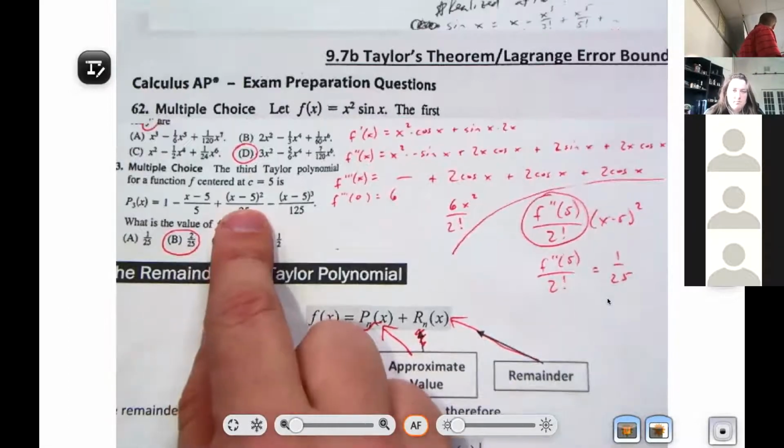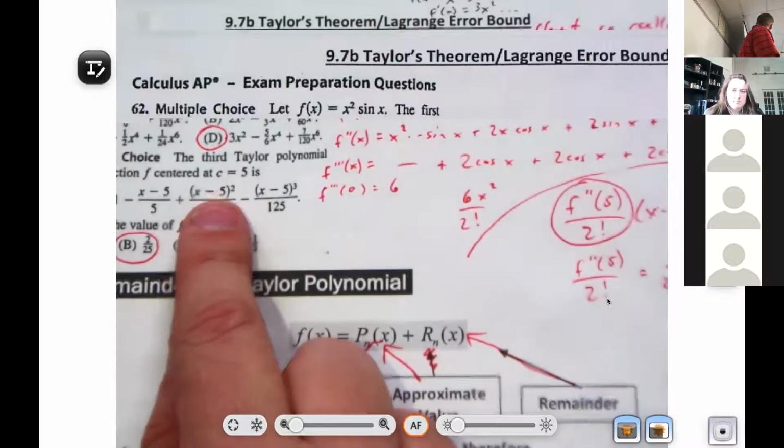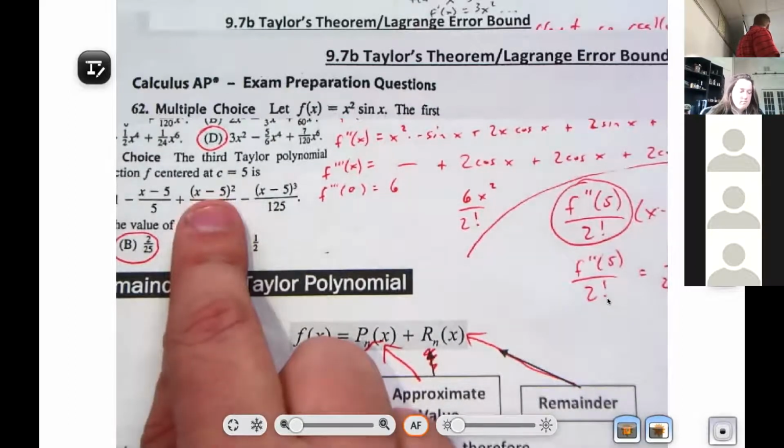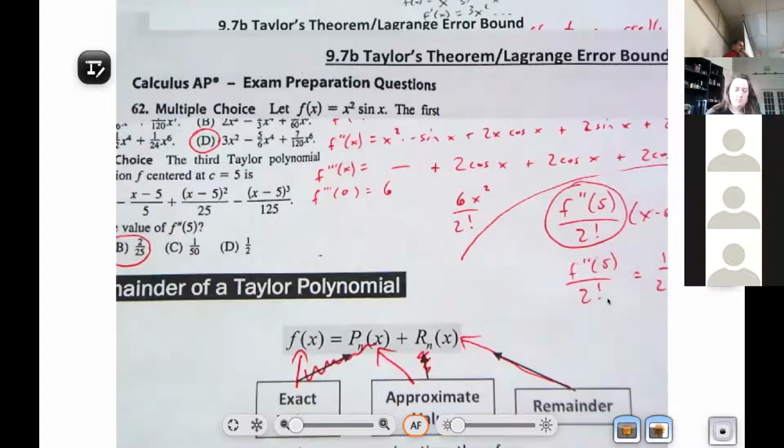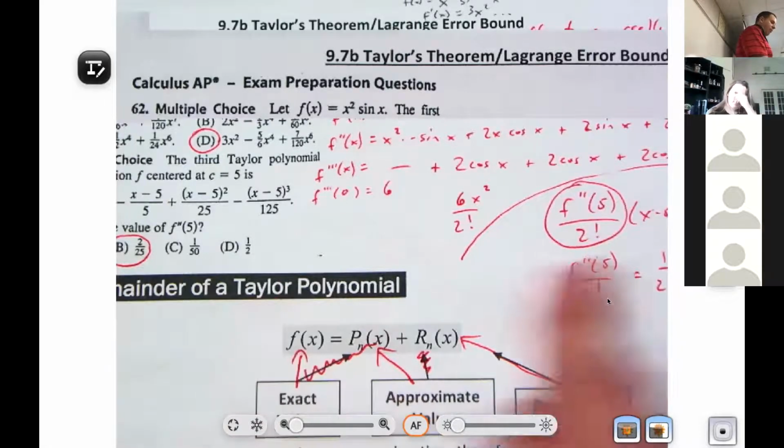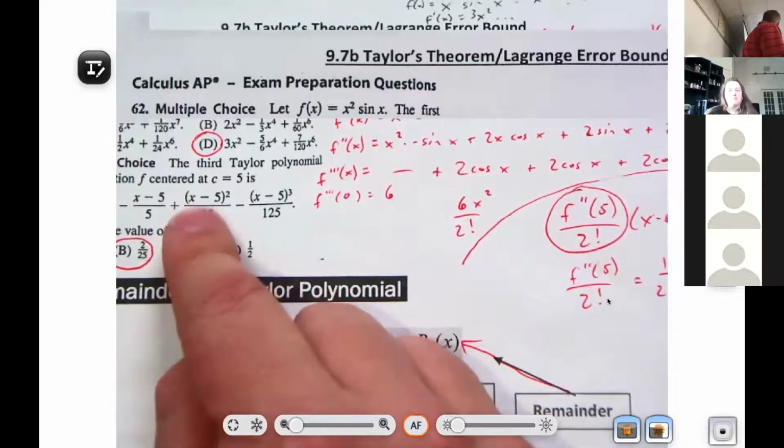In front of x minus 5 squared, in front of that term, we should have f double prime of 5 over 2 factorial, right? It's f double prime of 5 times x minus 5 squared over 2 factorial. Like the derivative, the power, and the factorial all match up. They're all 2s.